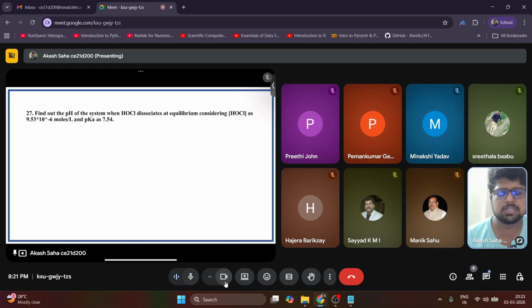Find out the pH of the system when HOCl dissociates at equilibrium, considering HOCl as 9.52 into 10 to the power minus 6 moles per liter and pKa as 7.54.